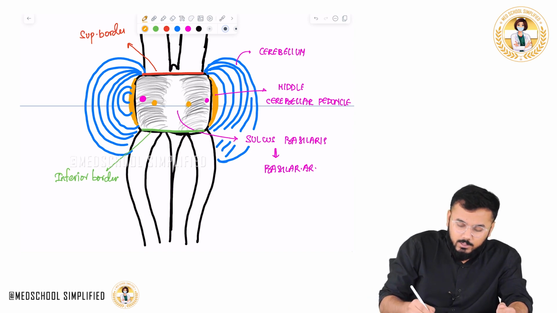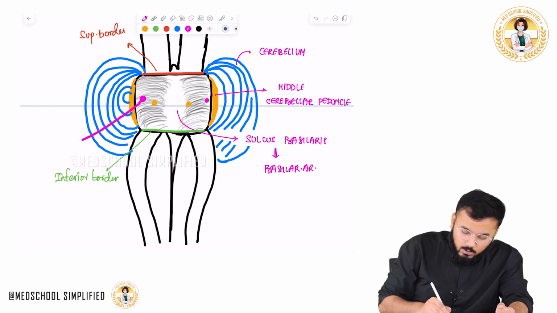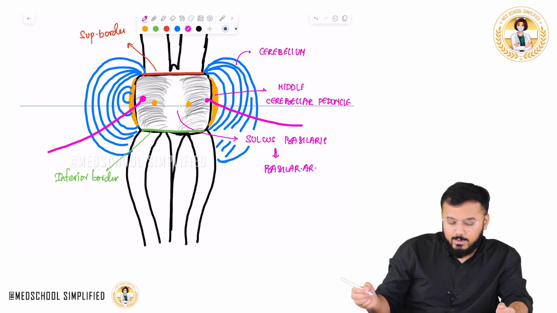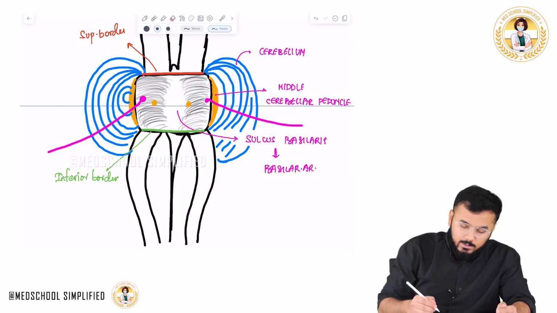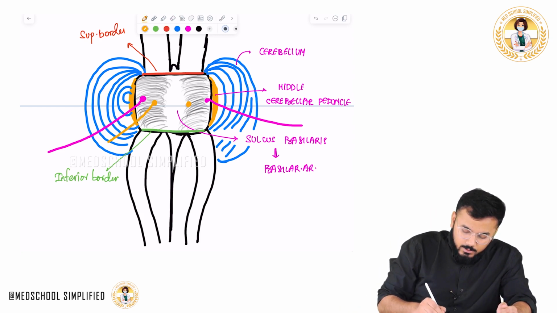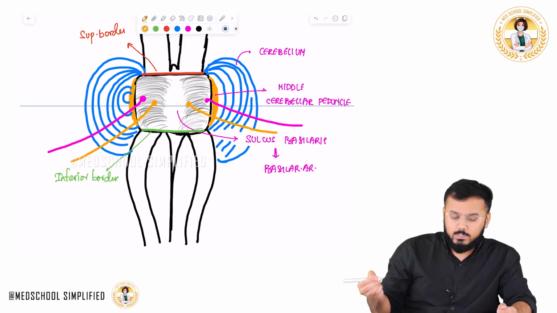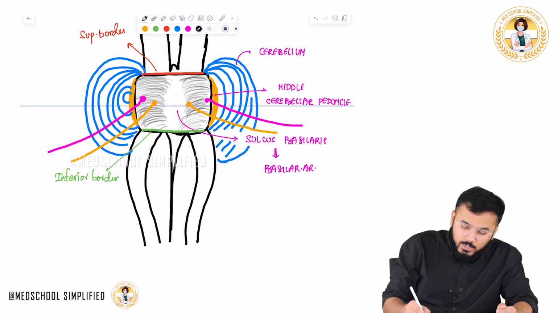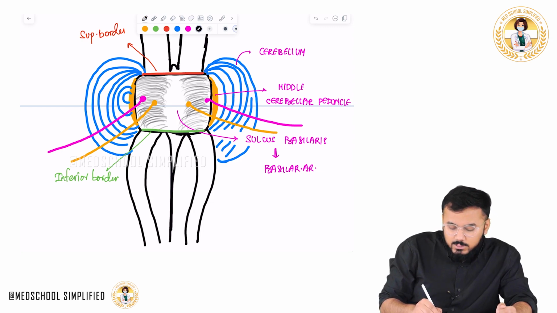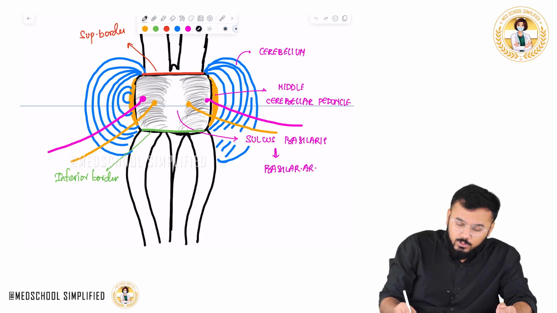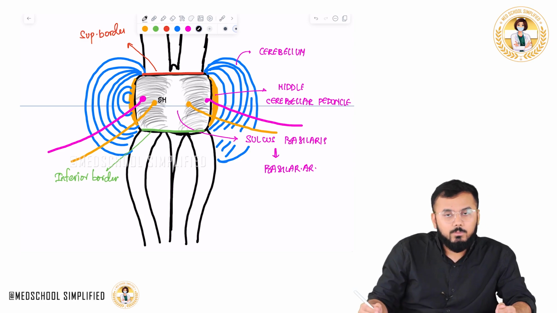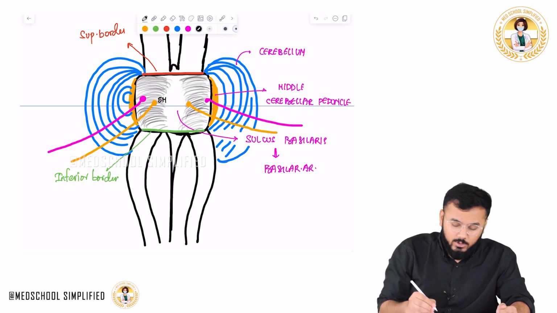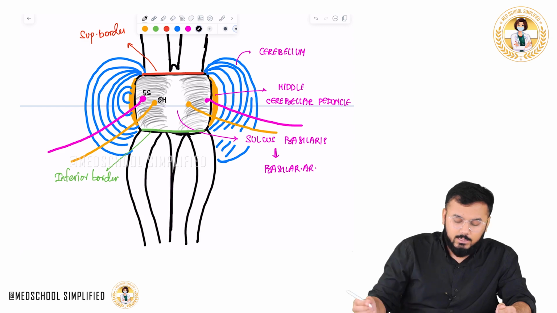Both are the fifth pair of cranial nerve, but the one which is more medially located is the motor branch, and the one which is laterally located is the sensory branch.